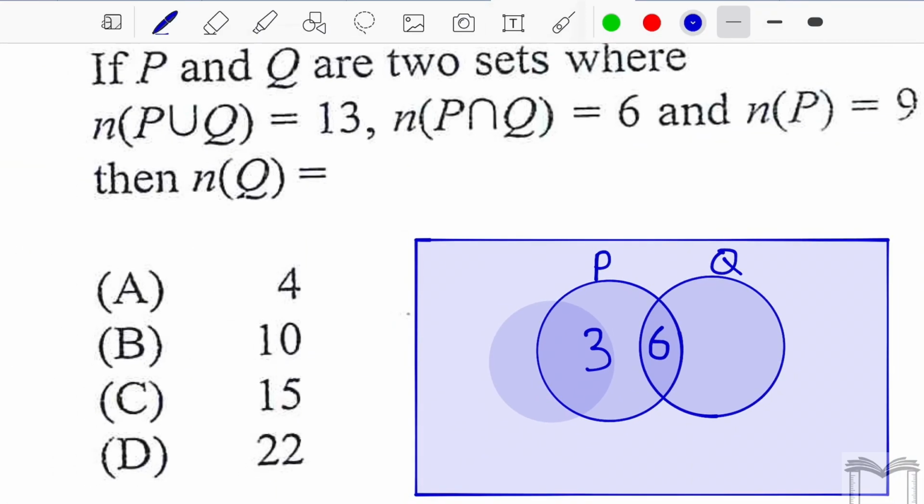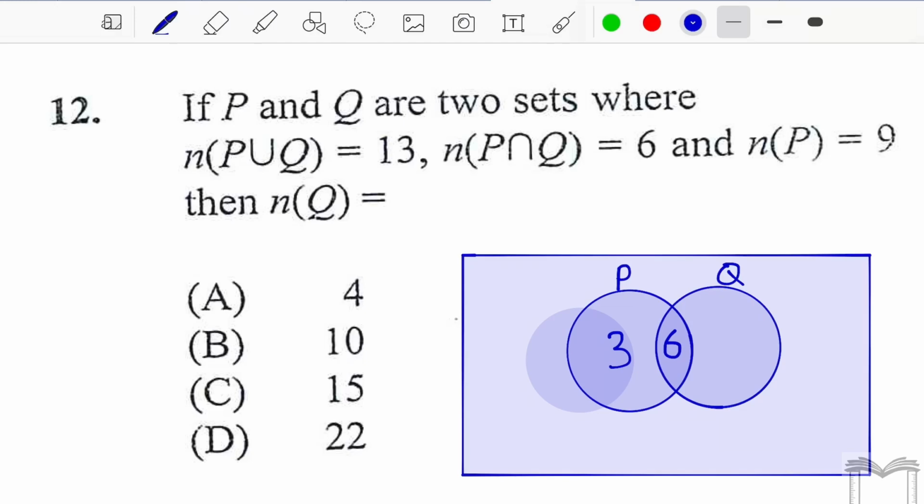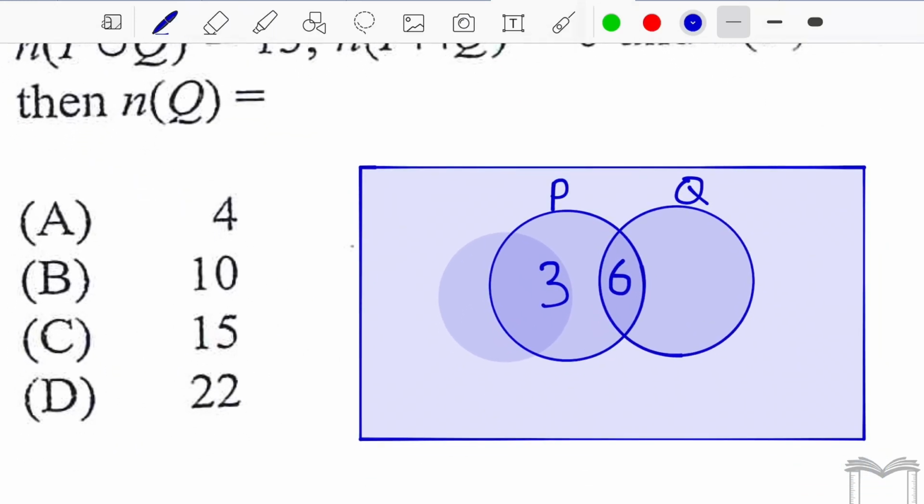Okay, so the union is 13. Yes, the union is 13.